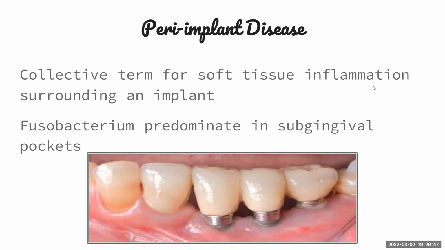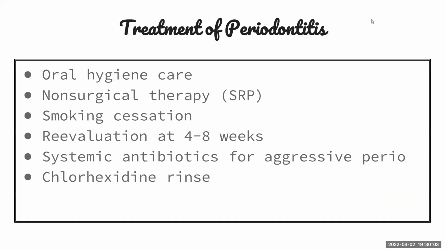In the new AAP classification, if your patient has an implant, we don't have that in the template, but they have specific separate classifications around implants. Treatment of periodontitis, you all know, reevaluation in 4 to 8 weeks.